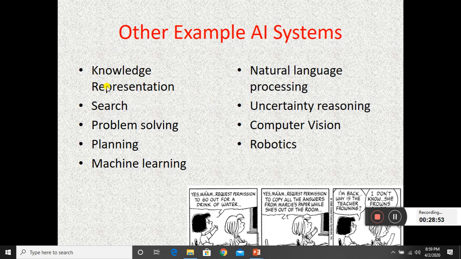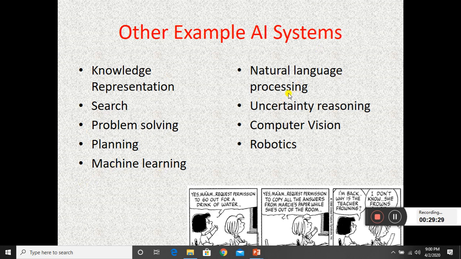In knowledge representation, like here you can see something written in front of these guys, the question is how the system represents knowledge, how it will search, how it will solve problems, how it will plan. Machine learning is giving data to a computer and then training some type of model.